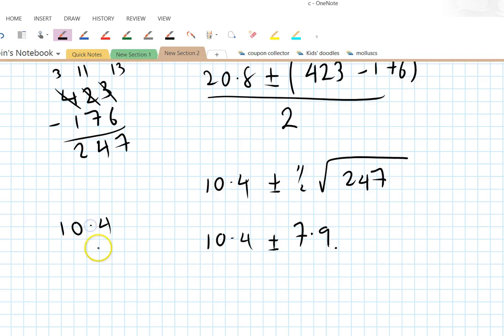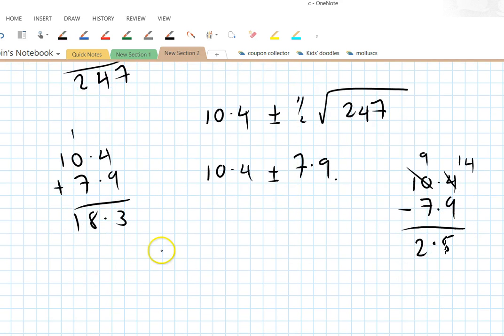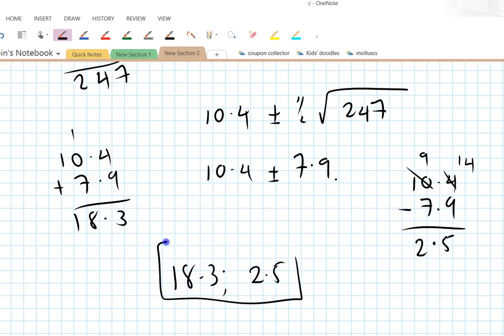We've got 10.4 plus 7.9, 18.3, and we've got 10.4 minus 7.9, which is 2.5. So we've got two solutions, 18.3 and 2.5.